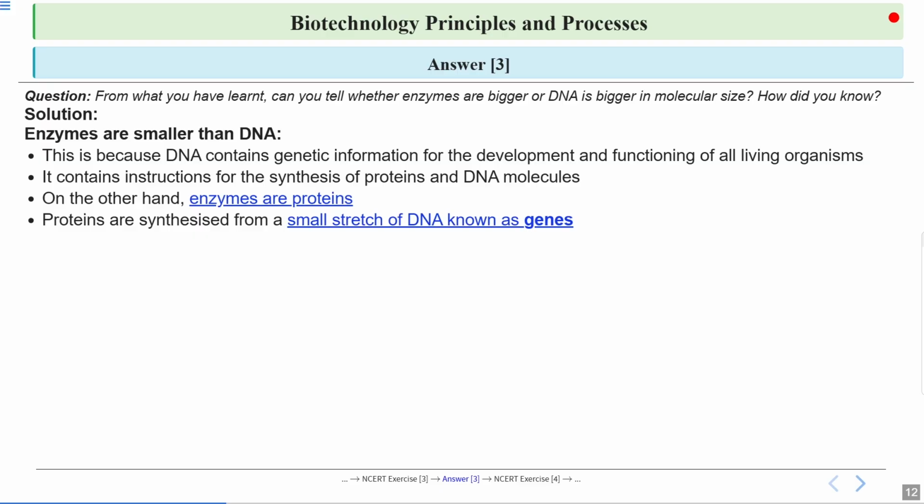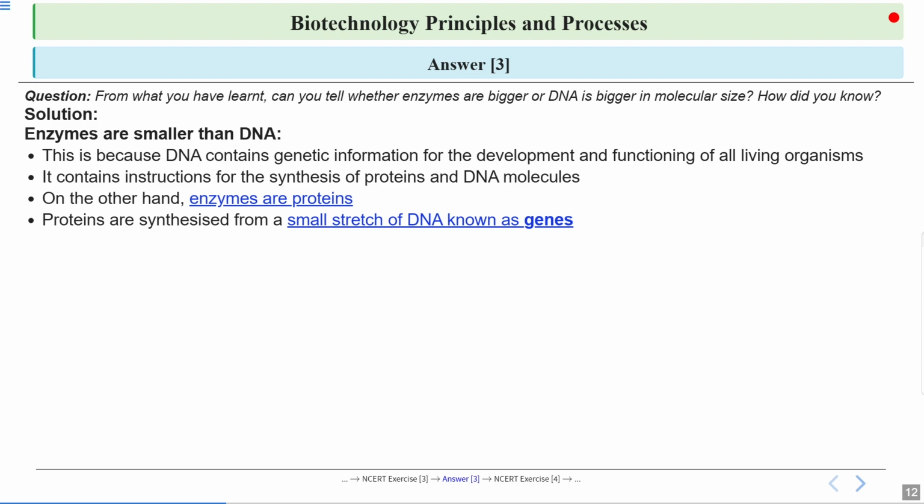Alpha amylase is an enzyme that gets synthesized in our body, and for that, the gene is present on our DNA. So from DNA, first the RNA gets synthesized, and from RNA, the enzyme alpha amylase gets synthesized, right?